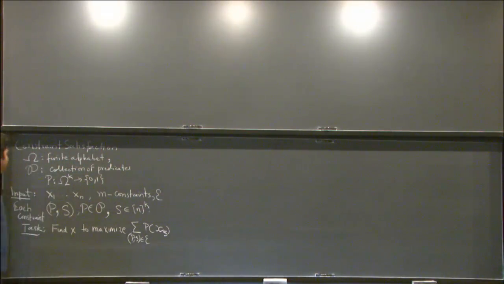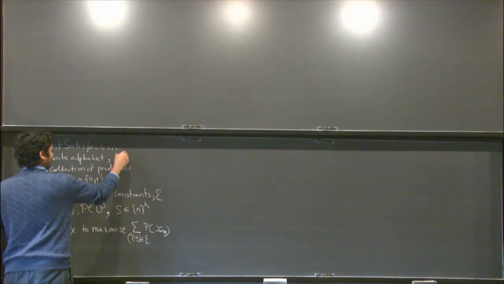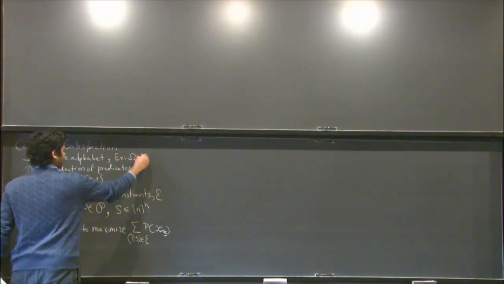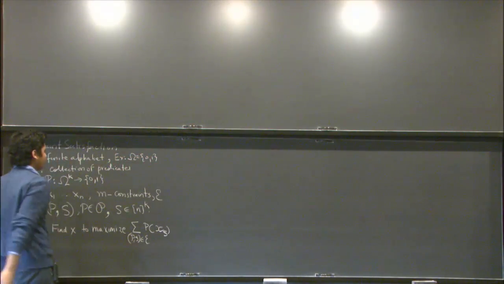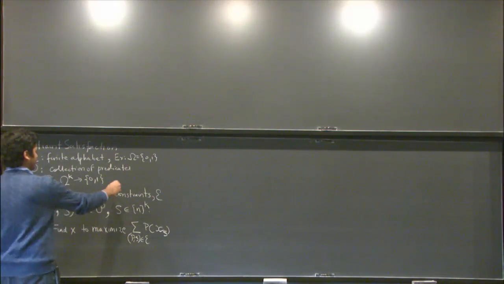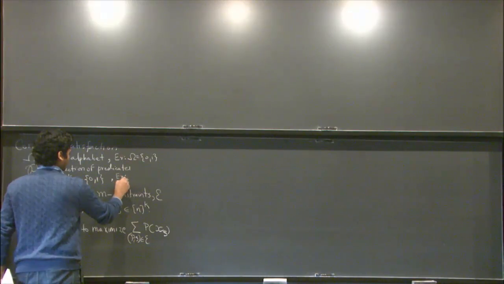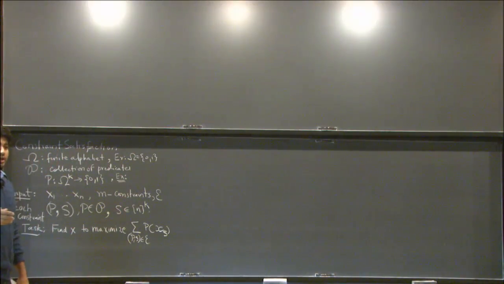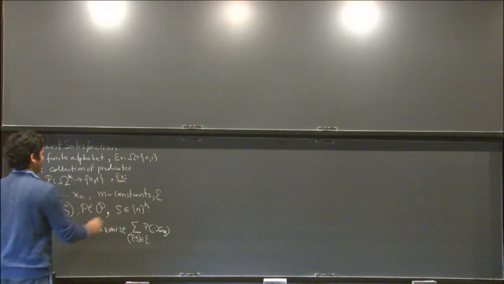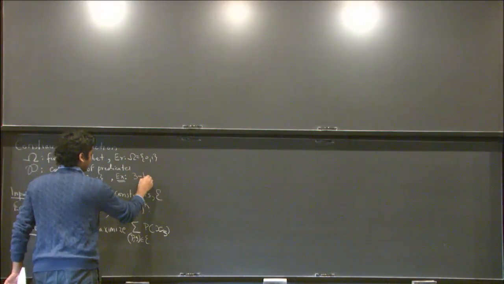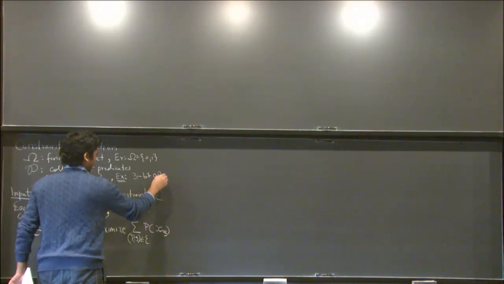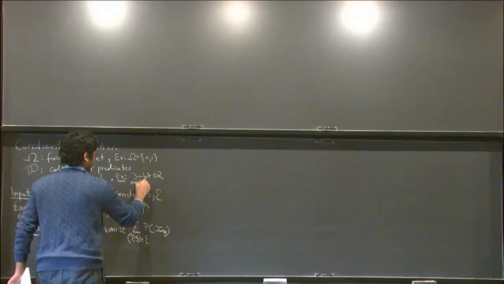Just so that this is not scary, let me take the example where omega is the familiar 0 1 alphabet, and the set of predicates could be just 3-bit OR applied to literals.